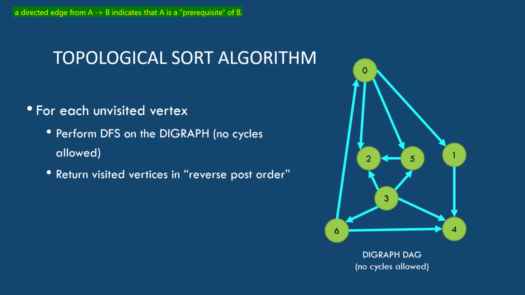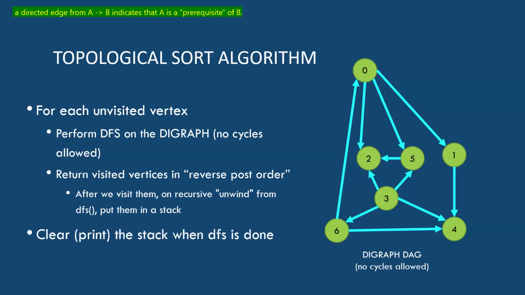So let's assume there are no cycles in this graph. We're going to perform that depth first search until we've visited everything and return those vertices in reverse post order. On the unwind, we'll add that to our stack.